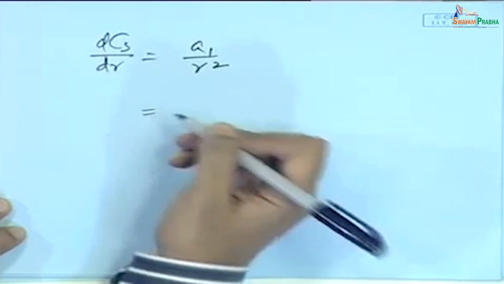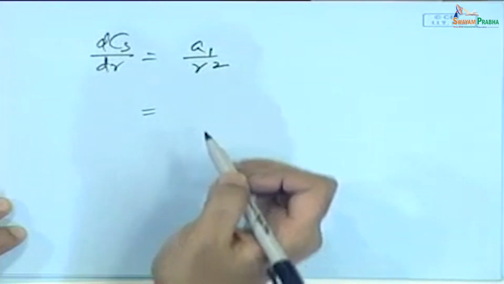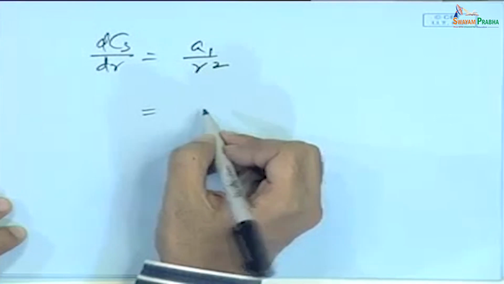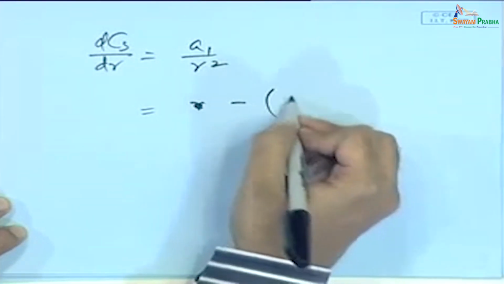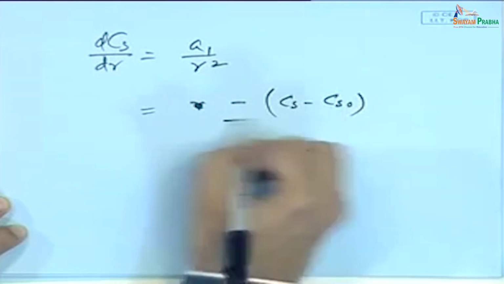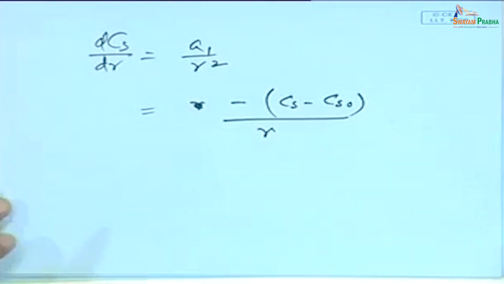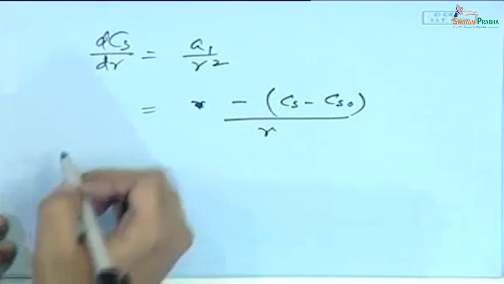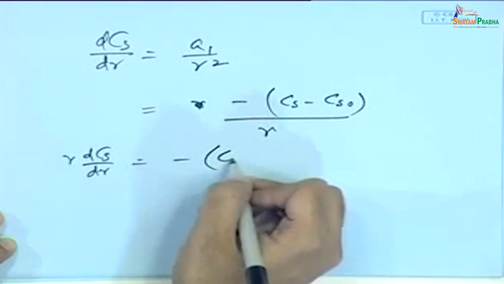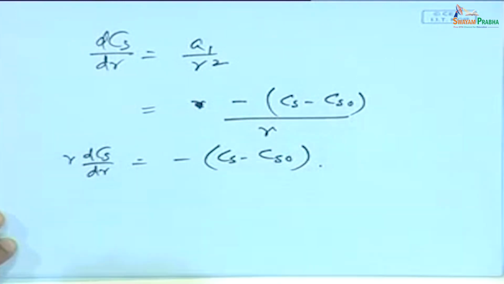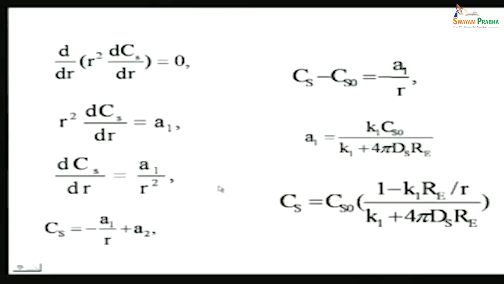So then you can put this back from here, which is that A1 equals minus (Cs minus Cs naught) over r. Then you can just use this boundary condition at r equals Re. Fine. So let us go to the screen and I have the solution for you.